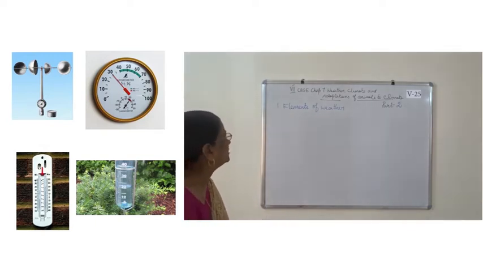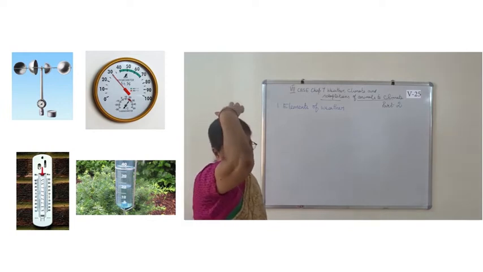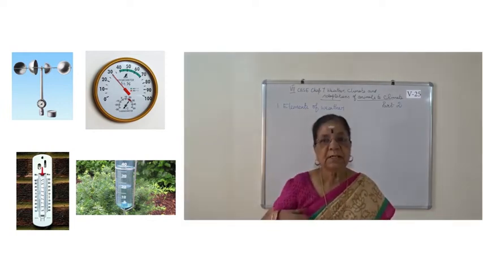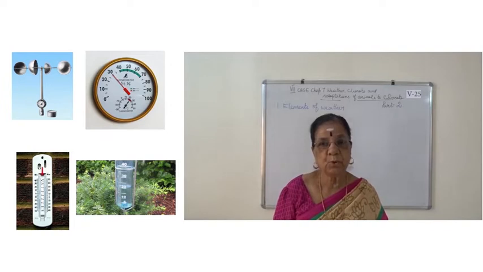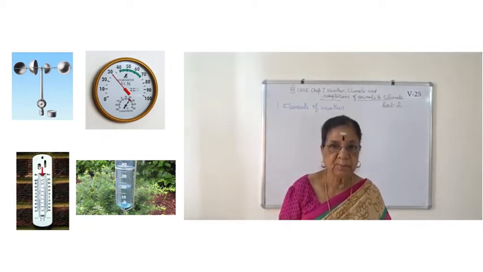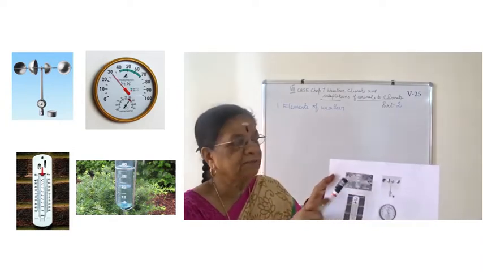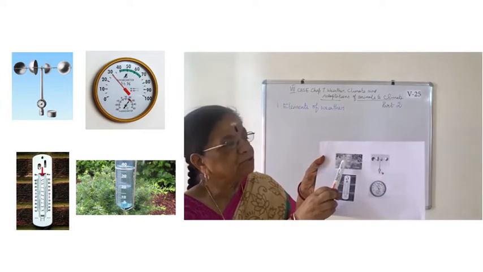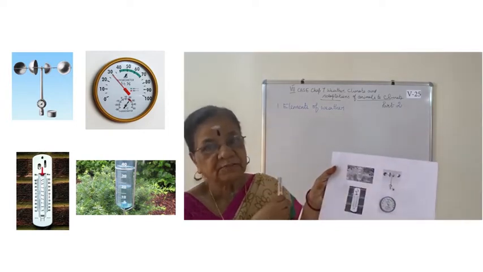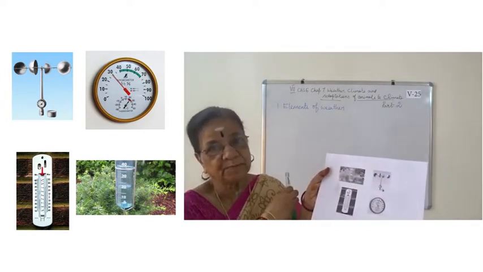The second one is the rain gauge. The amount of rainfall on earth can be measured using this rain gauge. This is the picture.